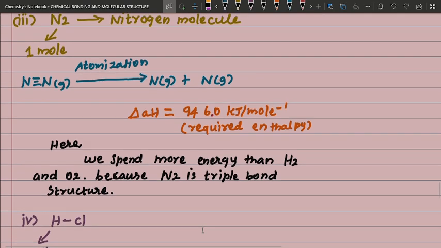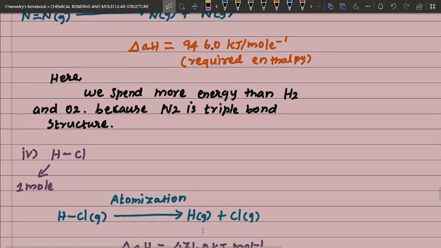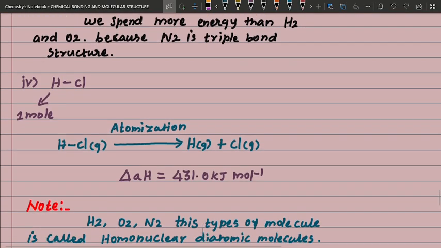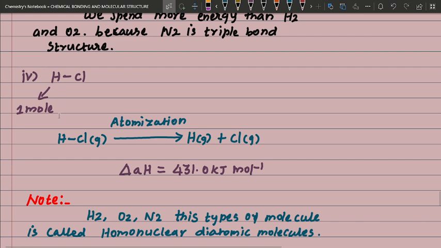Another example, HCl. Take 1 mole of HCl in the gaseous condition. We atomize, or break, the bond between the H and chlorine. It goes to a single H atom and a single chlorine atom, both in the gaseous condition.